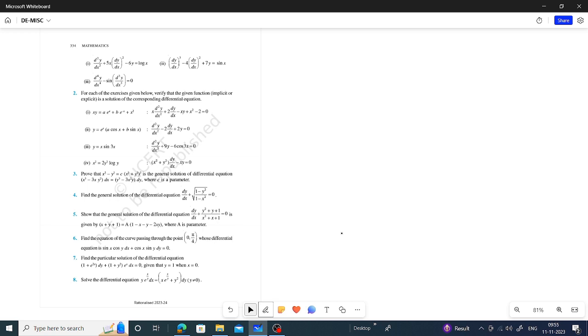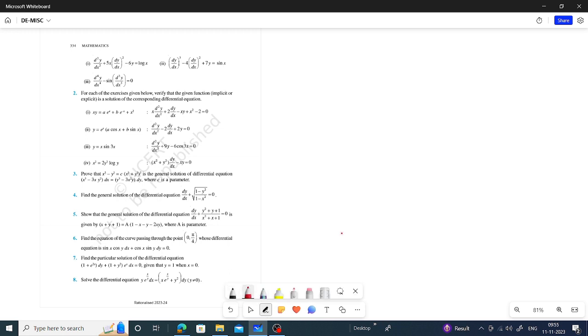Question number 7. Find the particular solution of the differential equation (1 plus e raised to 2x) dy plus (1 plus y square) e raised to x dx equal to 0. So first of all we will check which category it falls into.